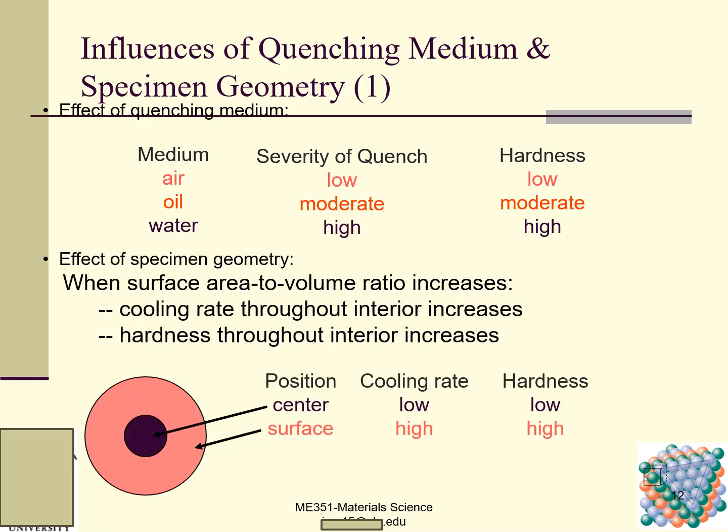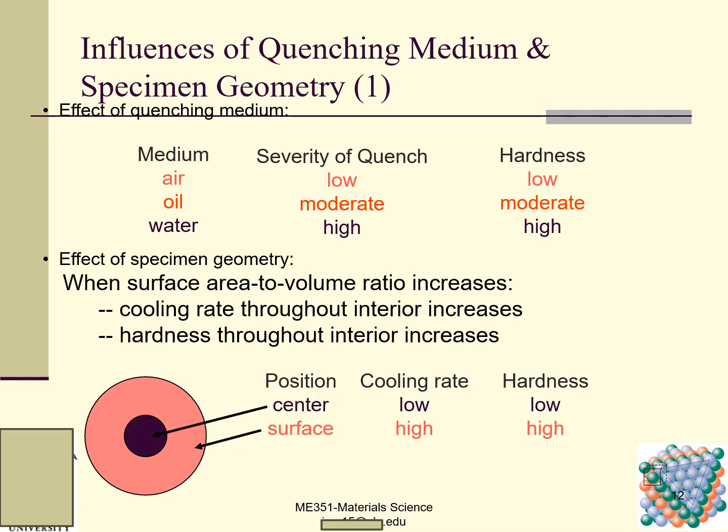In fact, the specimen geometry also makes a big difference. When the surface area to volume ratio increases, the cooling rate throughout the interior increases, and hardness throughout the interior increases. This is understandable, right?